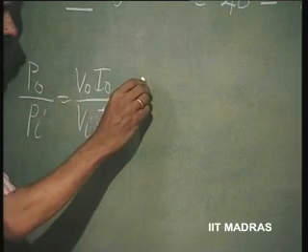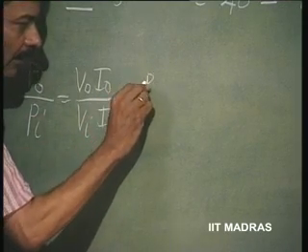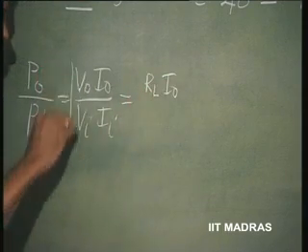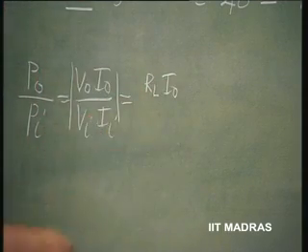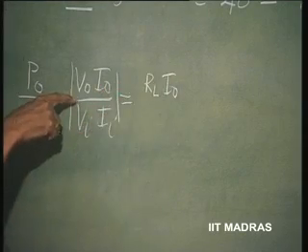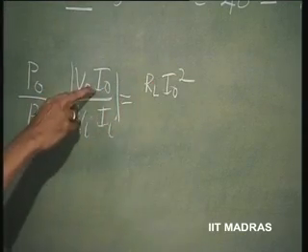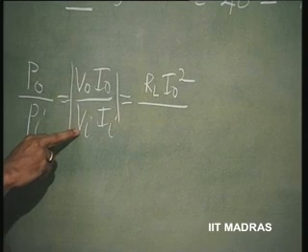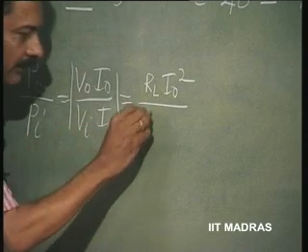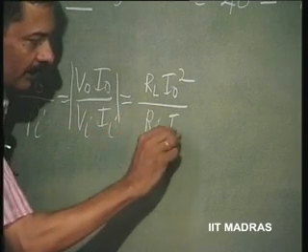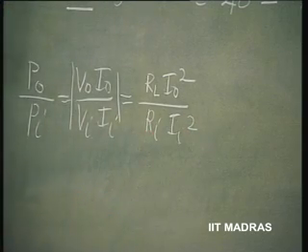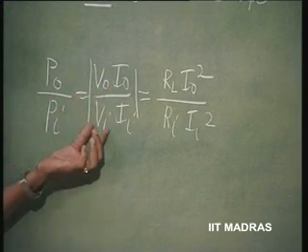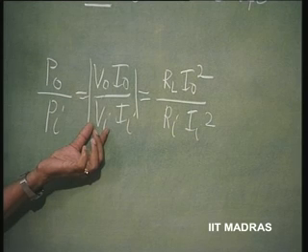V naught is nothing but R L into I naught, actually magnitude if you take, because there is a negative sign, R L into I naught is V naught, I naught squared, and then V I is I I into R I. So, R I into I I squared. V naught is R L into I naught, V I is R I into I I.